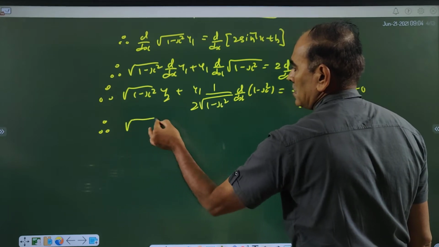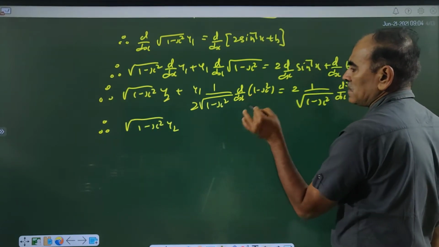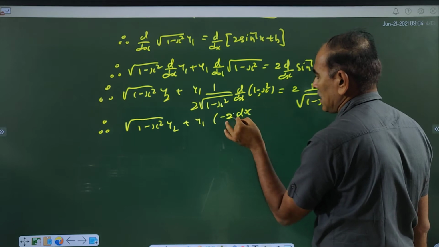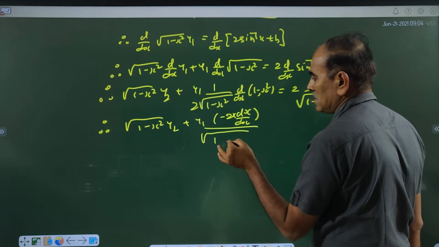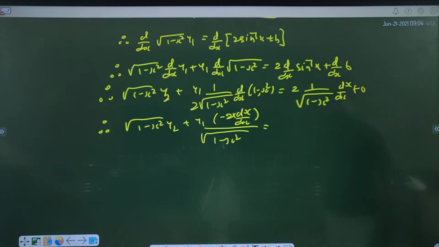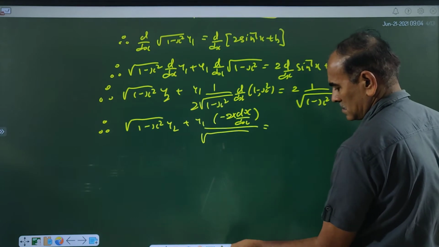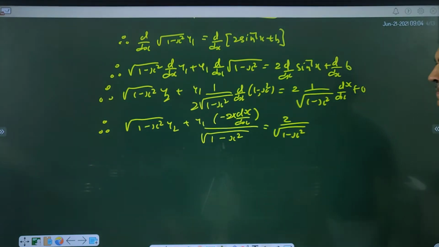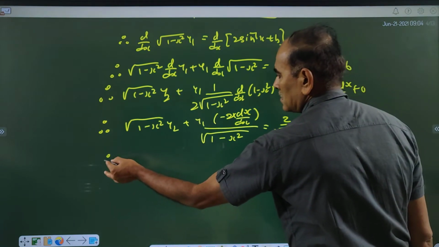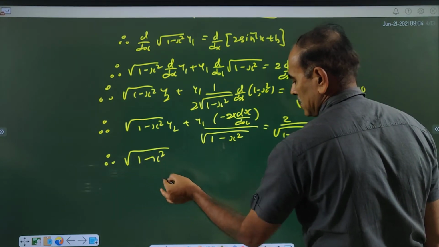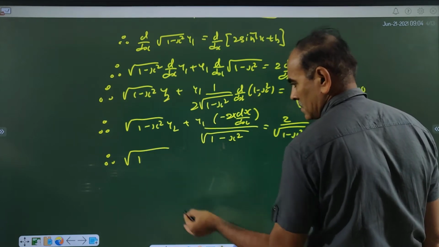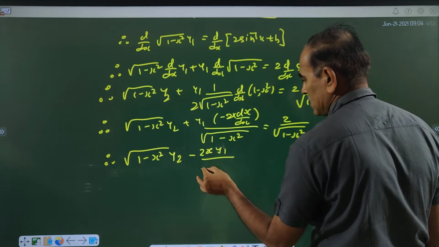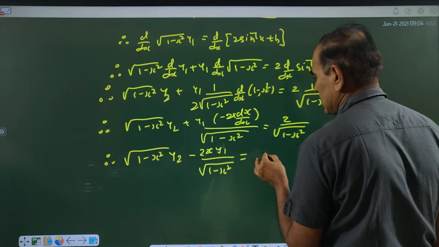And therefore, under root 1 minus x square y2, plus y1 times derivative of 1 minus x square, that is minus 2x, over 2 under root 1 minus x square, is equal to 2 over under root 1 minus x square.